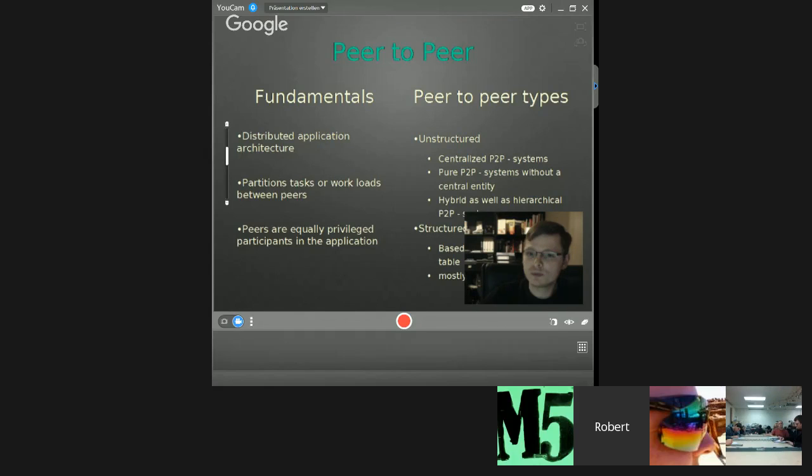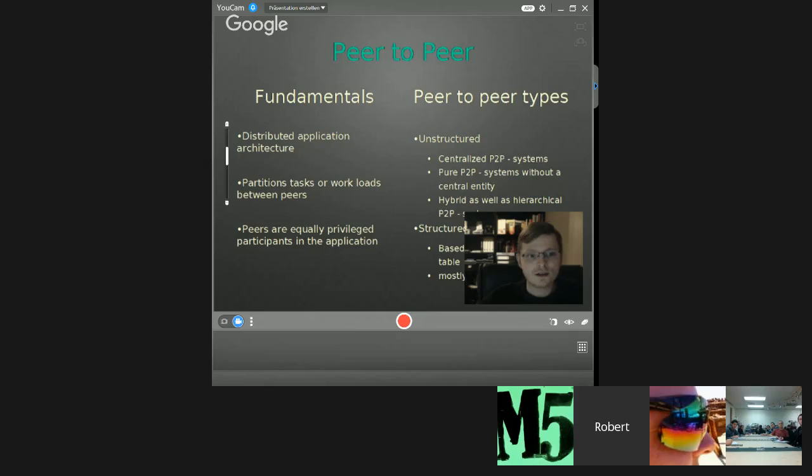That means they have the P2P network centralized around mostly a server. The server is managing the peer-to-peer network. So, for example, if it's used for file sharing, the server would have a kind of list of files which are shared and who is sharing them. If you are searching for a file, the central instance, the server, would be asked, and the server tells you which client has the file, and you can connect to it.